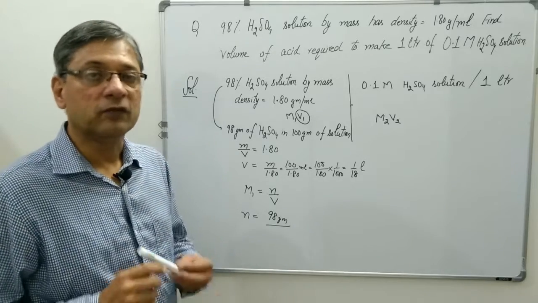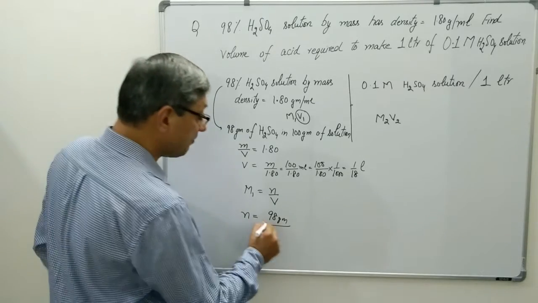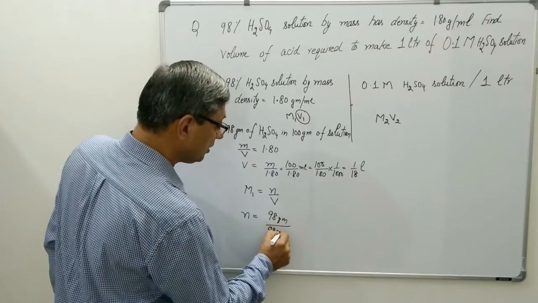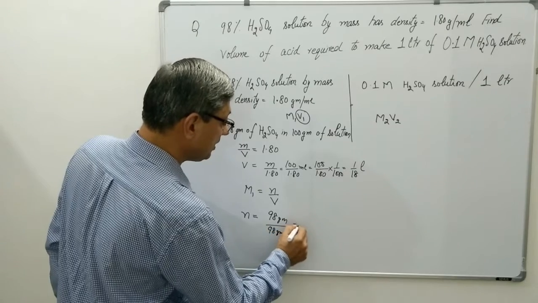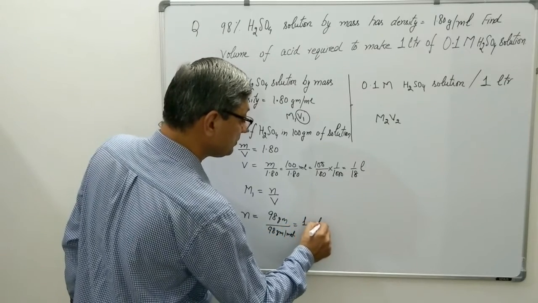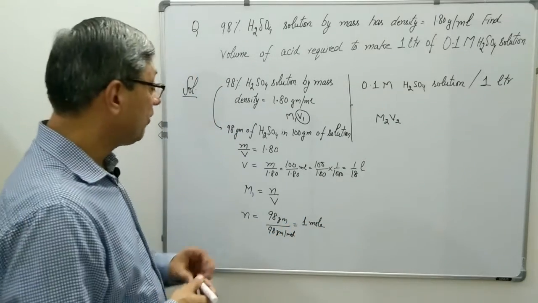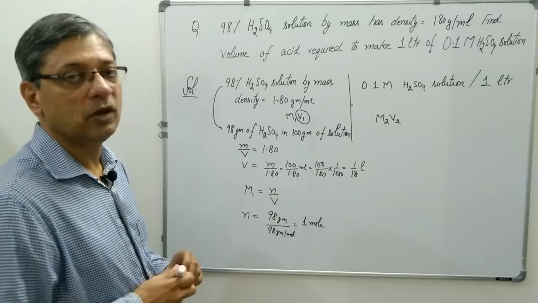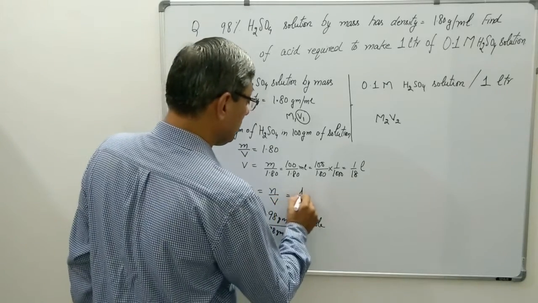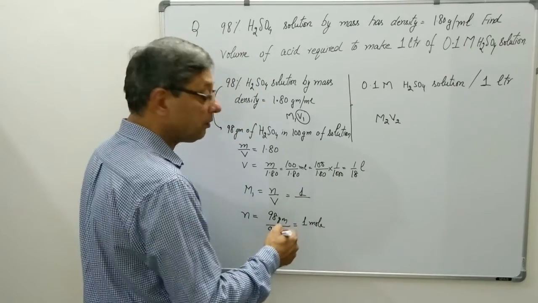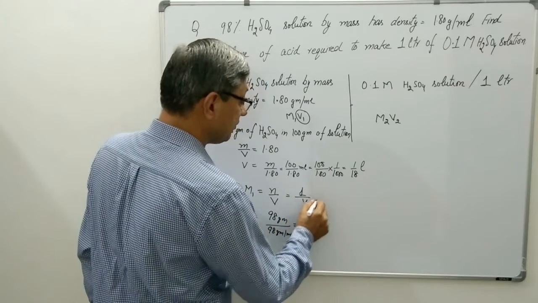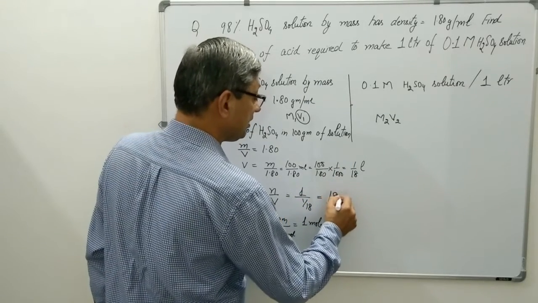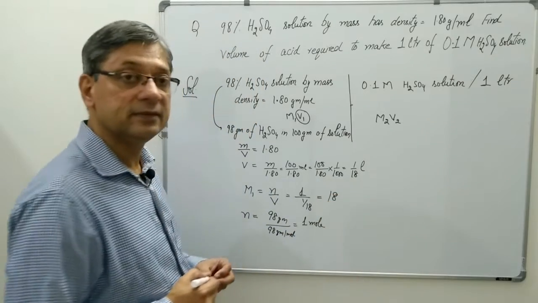Molar mass of sulfuric acid is 98 gram per mole. So number of moles will be 1 mole. Putting the number of moles in this formula, I can calculate molarity. So 1 mole upon 1 upon 18 liter is the volume, and molarity comes out to be 18.